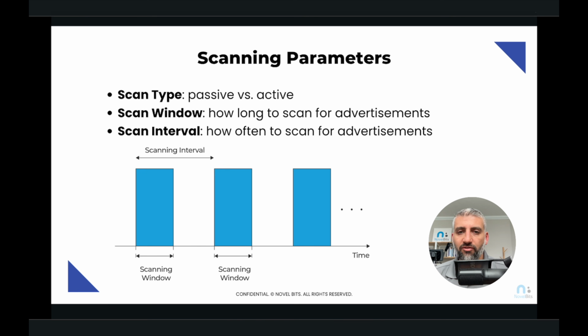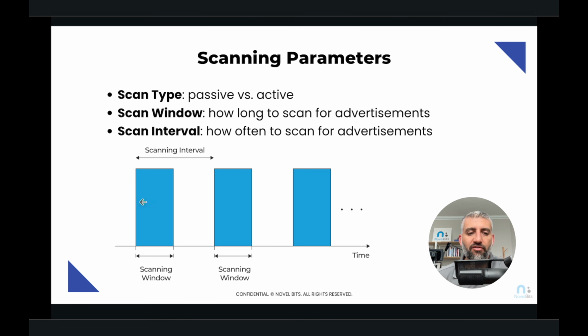There are a couple of parameters that define the scanning process: the scan type, which we just talked about, passive versus active, and then the scan window and the scan interval, which go hand in hand. Say you define the scan window to be 50 milliseconds with a scan interval of 100 milliseconds.